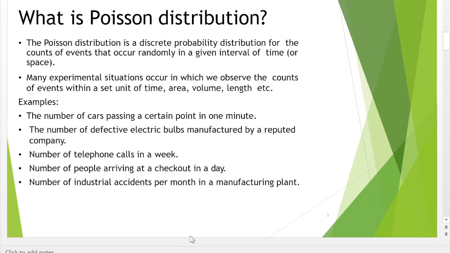What is Poisson distribution? The Poisson distribution is a discrete probability distribution for the counts of events that occur randomly in a given interval of time.